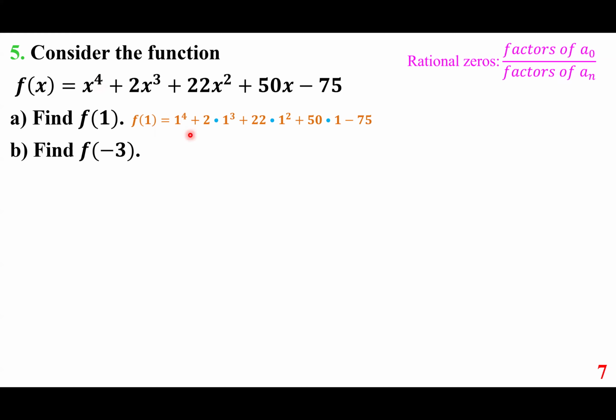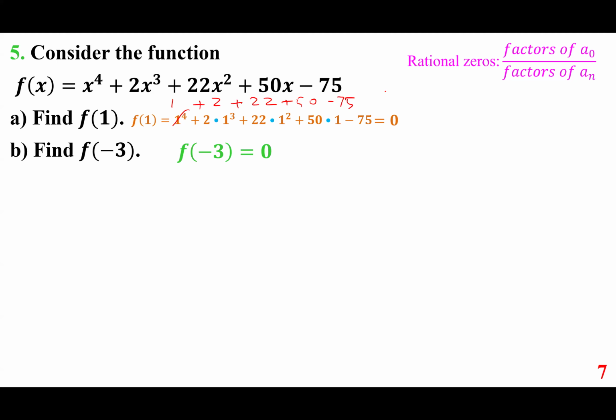So we get 1 to the power of 4. This is 1, all of them are 1 times the number. So in other words, this is 1 plus 2 plus 22 plus 50. They add up to 75. Minus 75, 0.